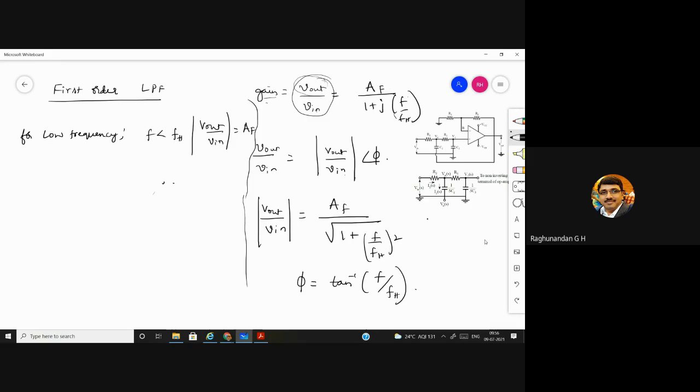If we take the cutoff frequency, that will be F equal to FH. Then the gain will be V naught by V in equal to AF by root 2.